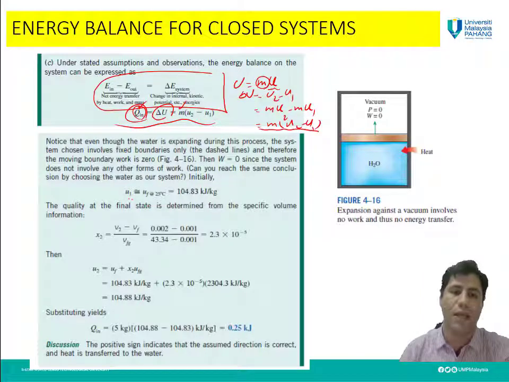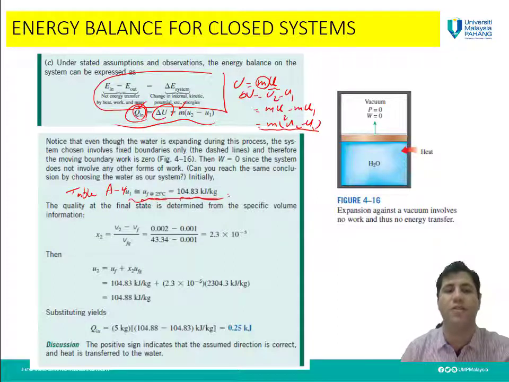For U1, as we discussed, we have saturated water, and we can use this equation: U1 equal to Uf at 25 degrees Celsius. Simply from table A4, we can find this U. So we have U1 as well.